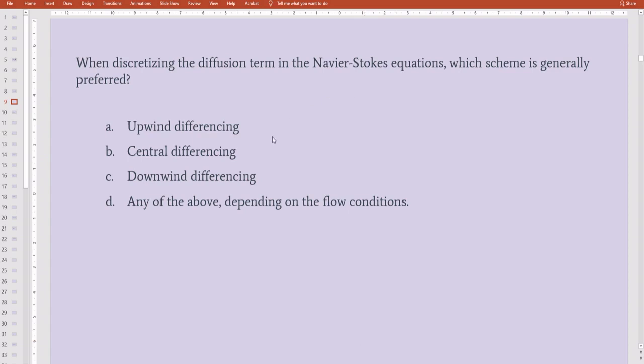Okay, can you say which one is the diffusion term in Navier-Stokes equation?